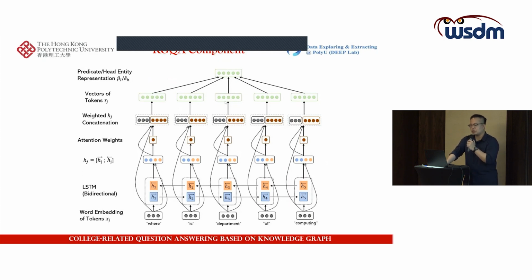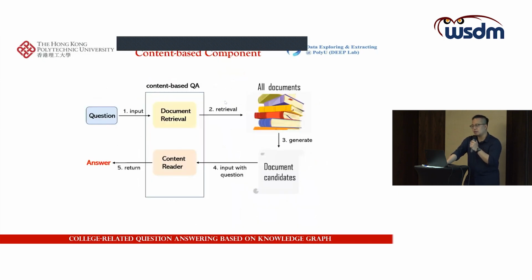We use this to calculate an attention weight and combine the initial vector of the input and the concatenated hidden state vector to go through a fully connected layer and finally get an output embedding for the final predicate and the head entity vector representation.